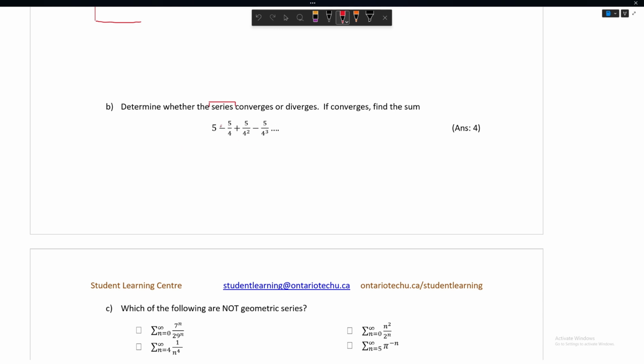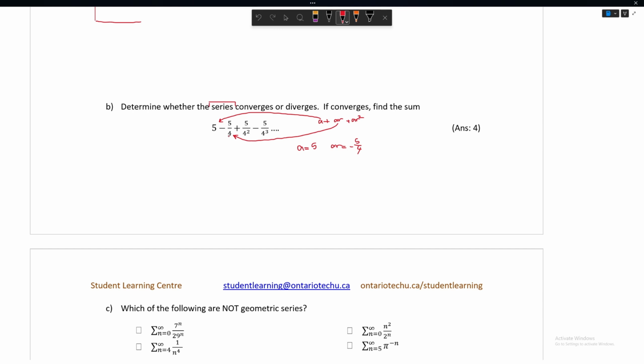And so for a series, what you'll do is, your a plus ar plus ar squared. And so we know this is my a equals 5. And I know my ar equals negative 5 over 4. This is right here, and this term is this one. Following? All right.